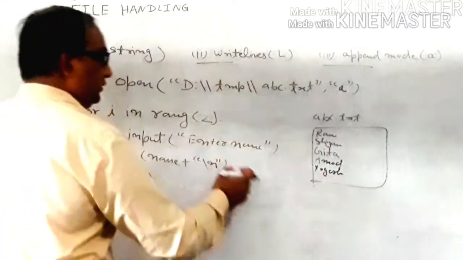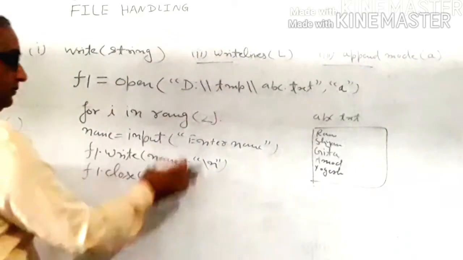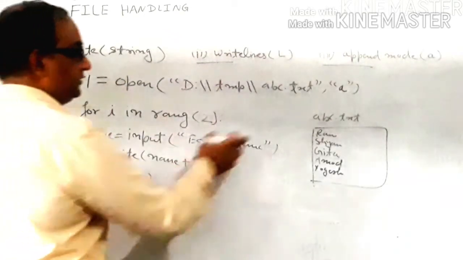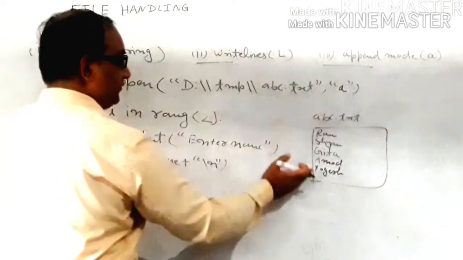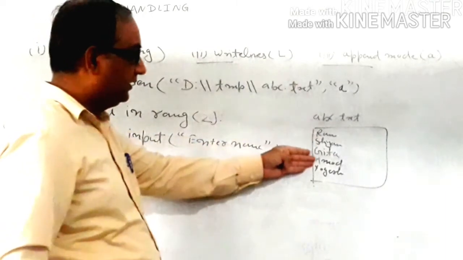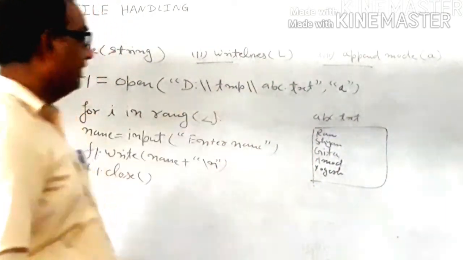Okay, so you execute this program again and input these two values. Then open abc.txt again. You can see that this text file contains Ram, Shyam, Geeta and the new information Amod and Yogesh. So that is the append mode.